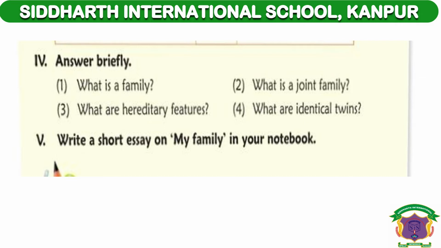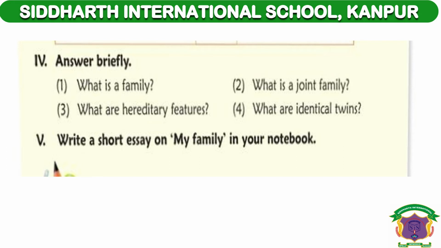But here they are asking about joint family. So what is a joint family, children? I told you it's a family where parents, grandparents, uncles, aunts, cousins, everybody stays together in the same home, that is called a joint family, right?